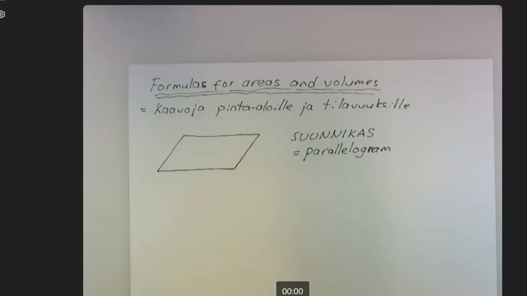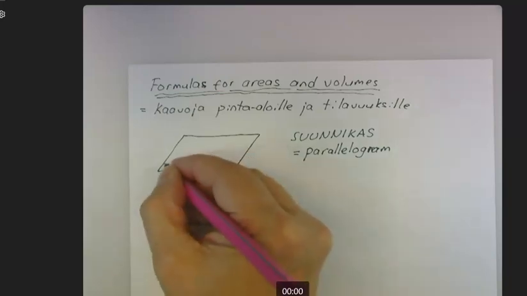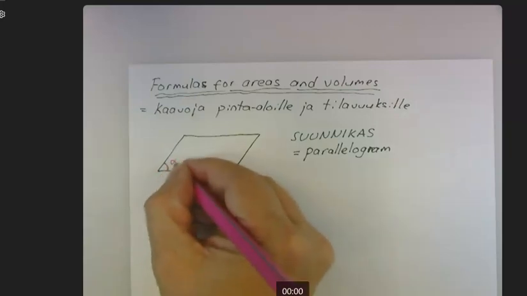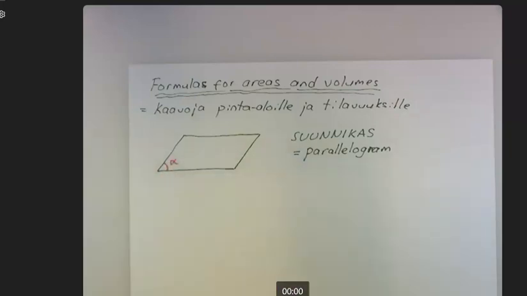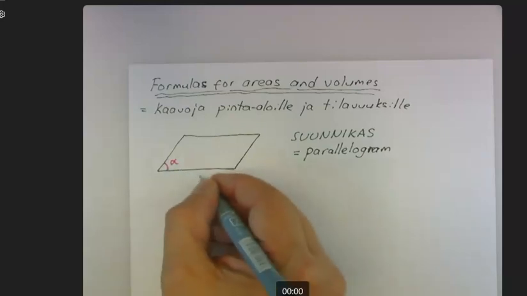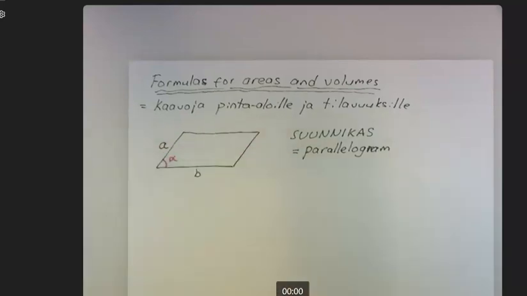and mostly in this case we probably know, for example, this angle here, maybe alpha, and if we know the lengths of the sides, so for example this could be B and this A. It is not so important which letter we use.